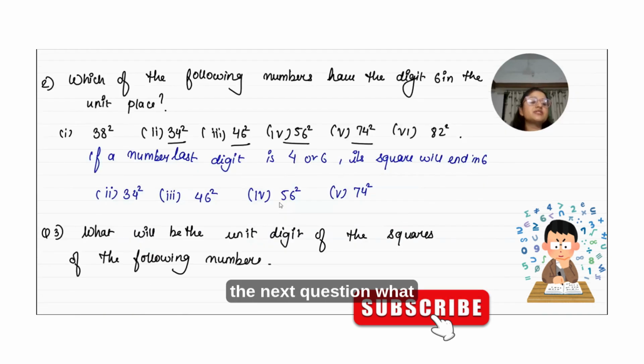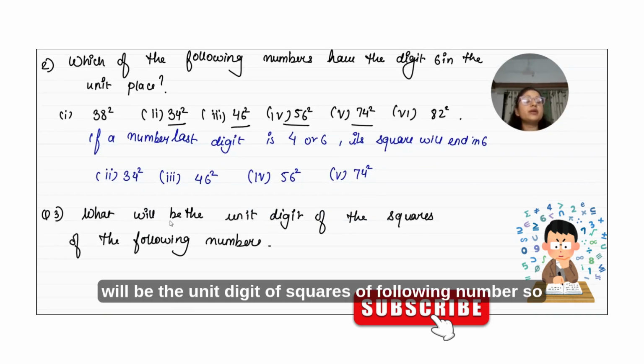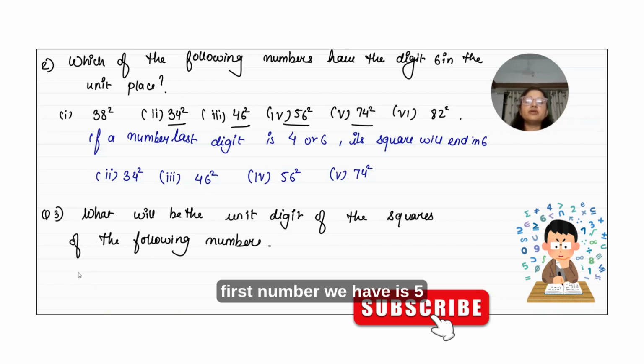Got it? Now the next question: what will be the unit digit of the squares of the following numbers? The first number is 52698.